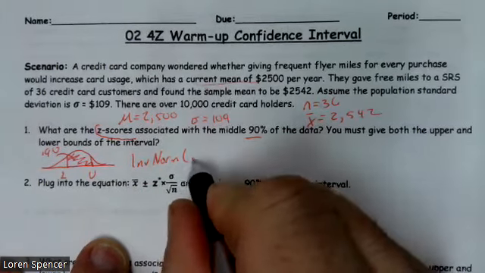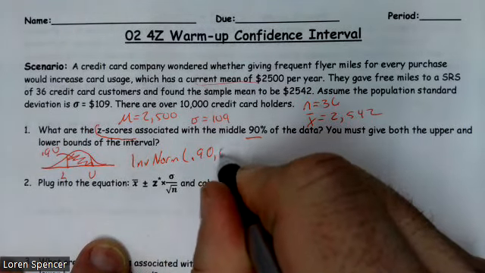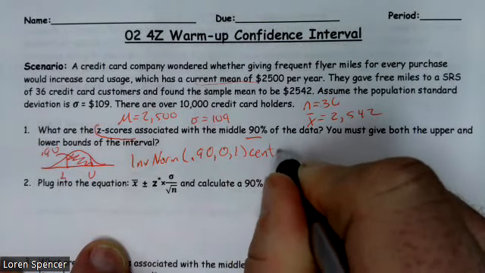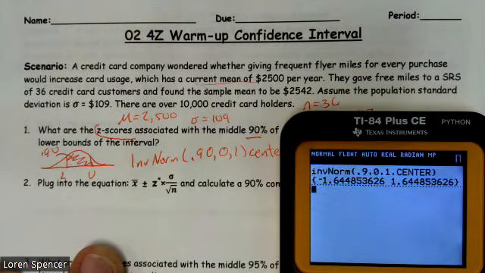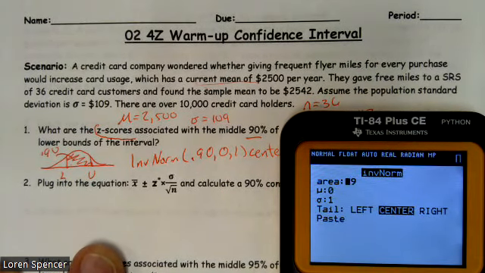Because we're working with a z-score, our mean will be 0 and our standard deviation will be 1, and we're looking for the center values. So going to the calculator, second vars, inverse norm, area 0.90, mean is 0, standard deviation 1, and we want to be centered.